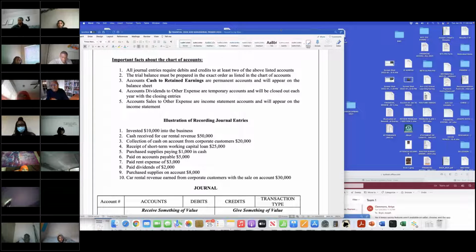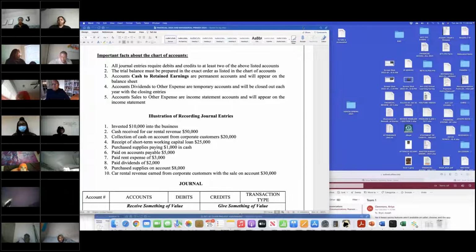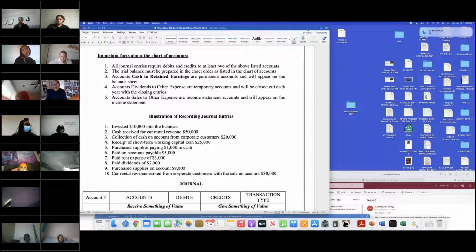So pull out a spreadsheet. Does everyone have access to a spreadsheet? Is there anybody who does not have access to a spreadsheet? Okay, so go to the spreadsheet. It's in course content.